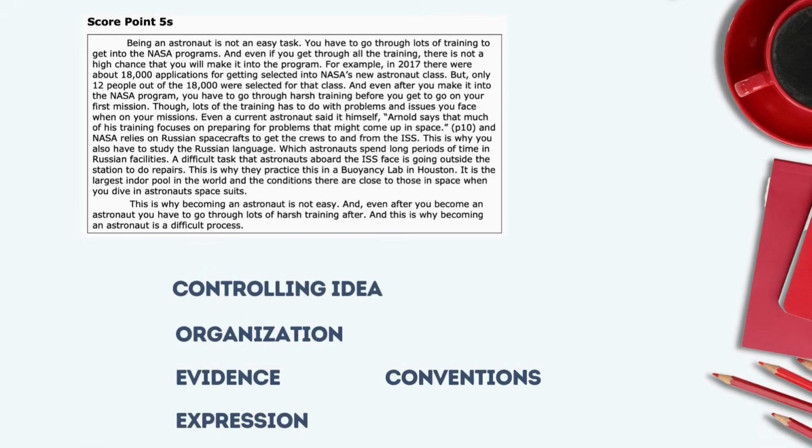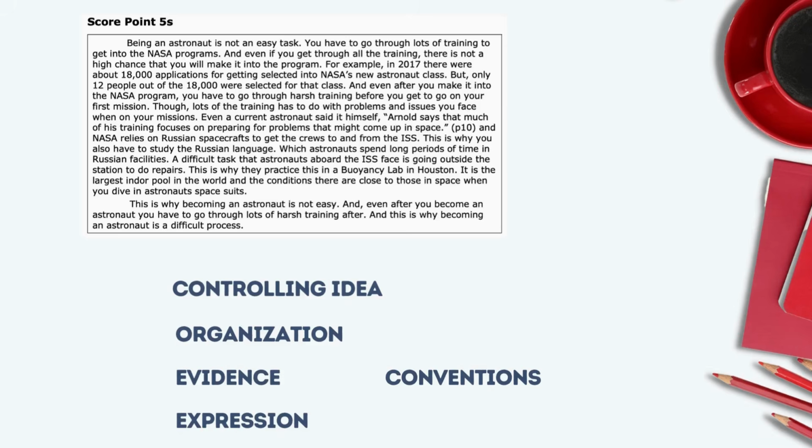All right, and on to a 5, which is the maximum number of points. Being an astronaut is not an easy task. You have to go through lots of training to get into the NASA programs. And even if you get through all the trainings, there is not a high chance that you will make it into the program. For example, in 2017, there was about 18,000 applicants for getting selected into NASA's new astronautic class. But only 12 people out of the 18,000 were selected for that class. And even after you make it into the NASA program, you have to go through harsh training before you get to your first mission.